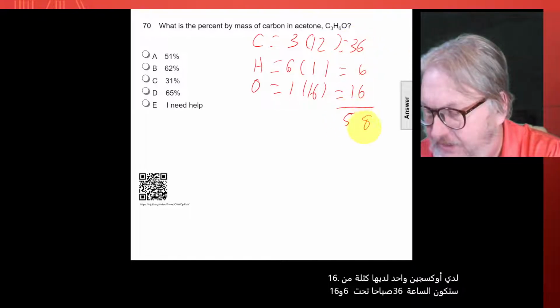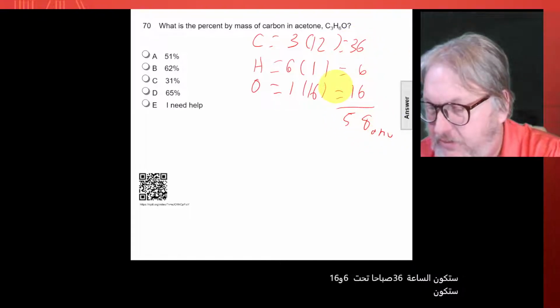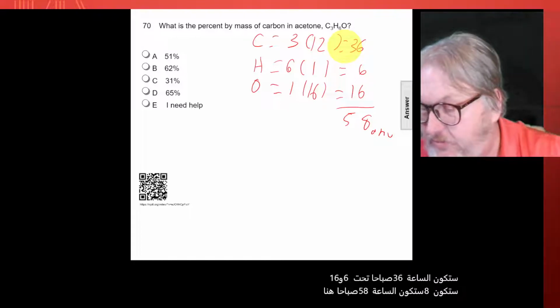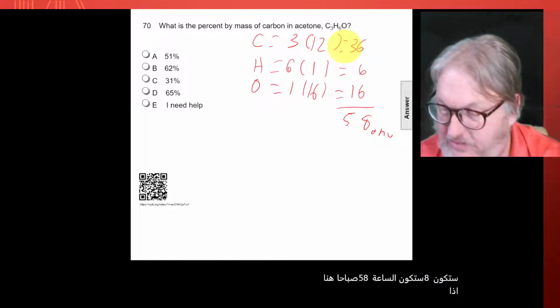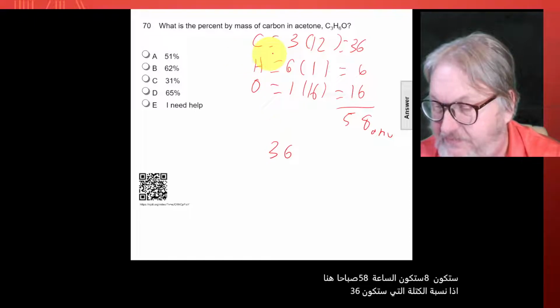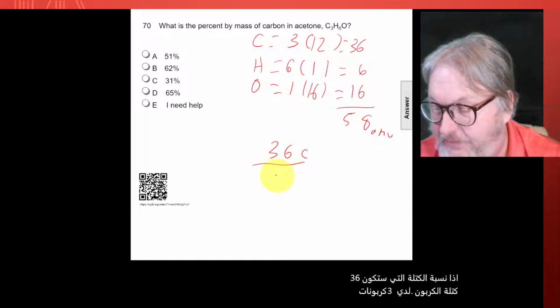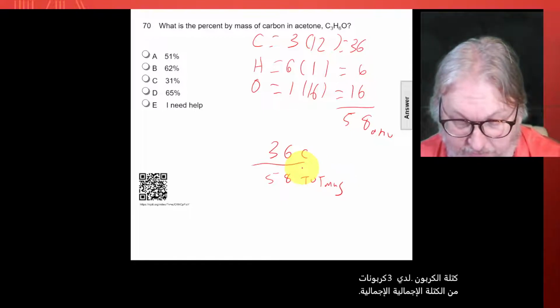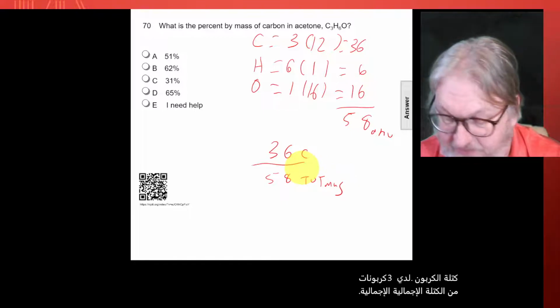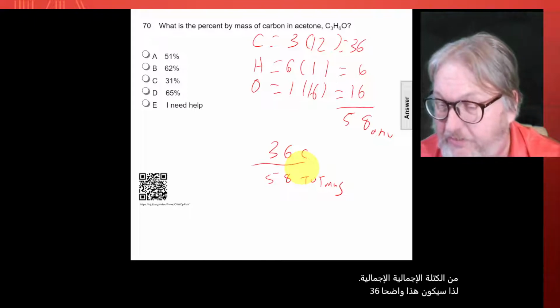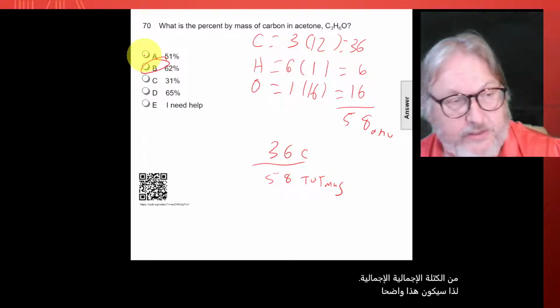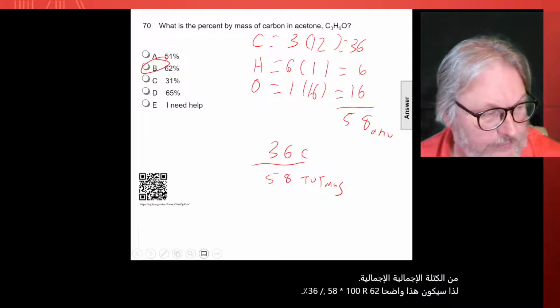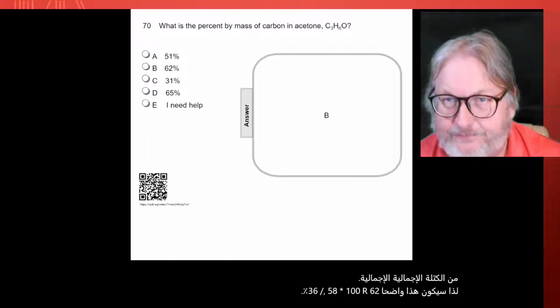That's going to be 58 AMU. So the percent of mass, that's going to be 36, the mass of the 3 carbons, divided by the total mass. 36 divided by 58 times 100, or 62%. Easy peasy, guys. Easy peasy.